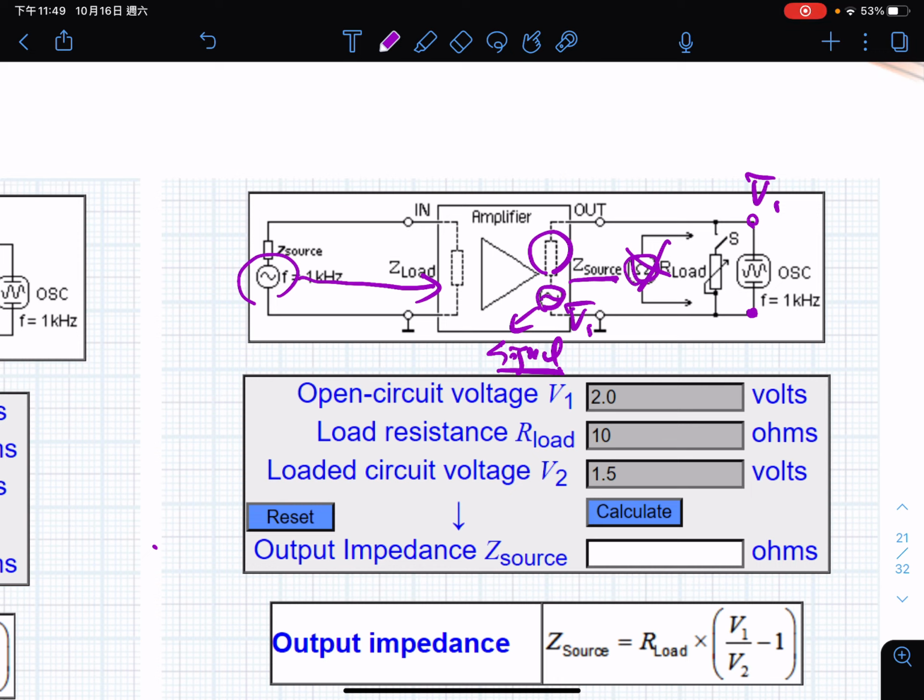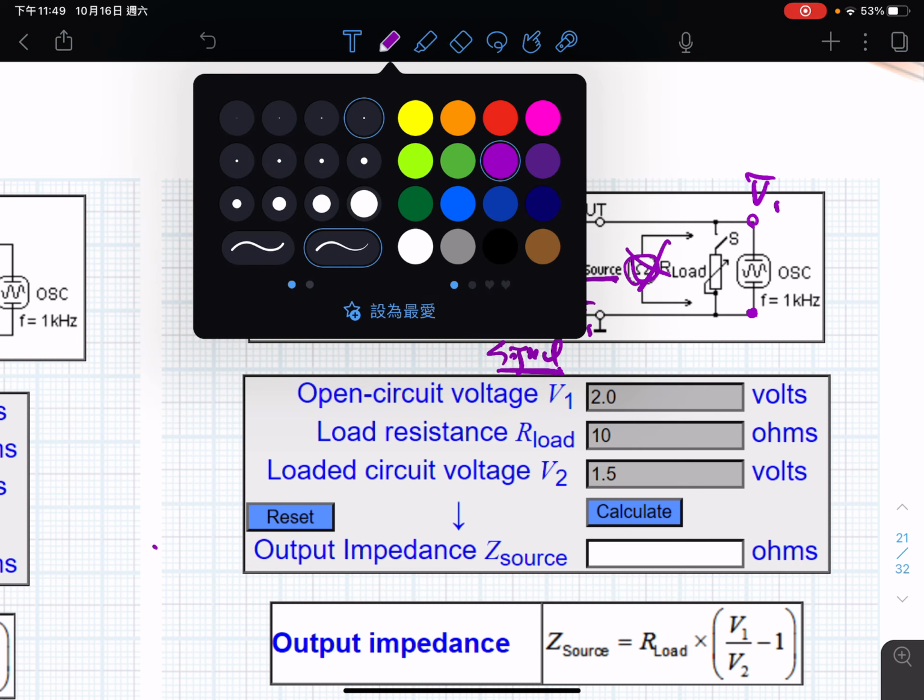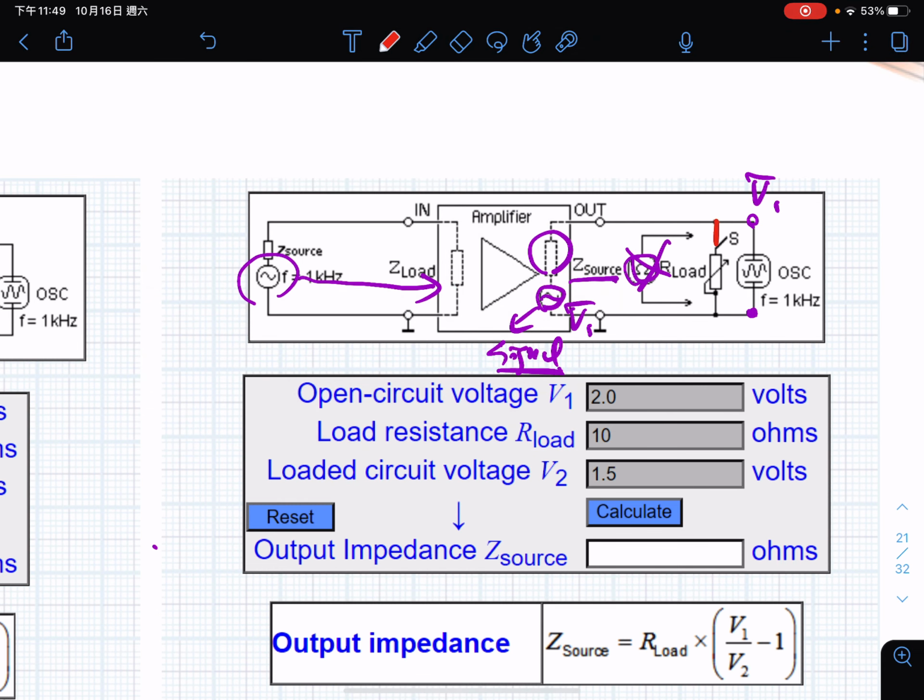But if we have a resistor here, this is our load resistor, then this one becomes V2.